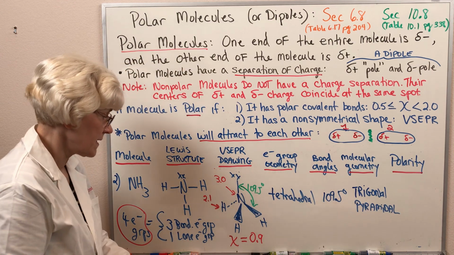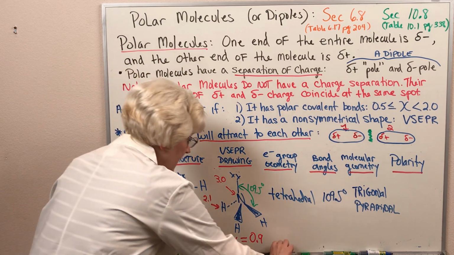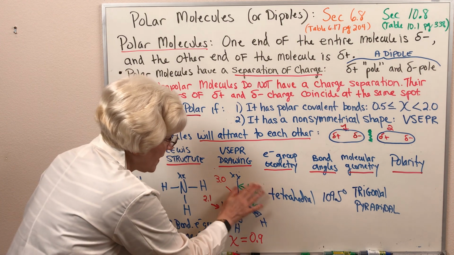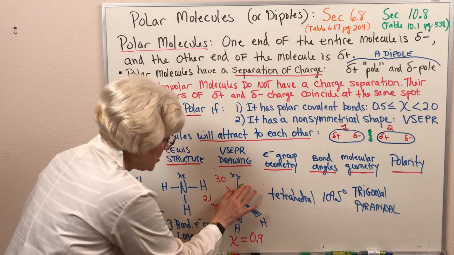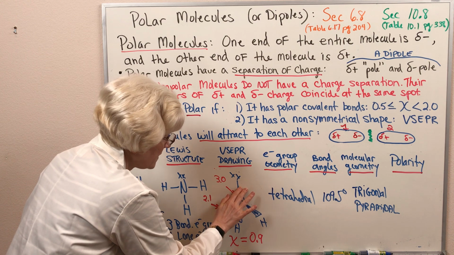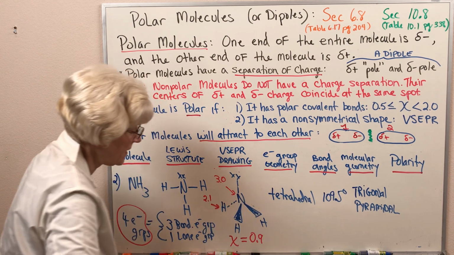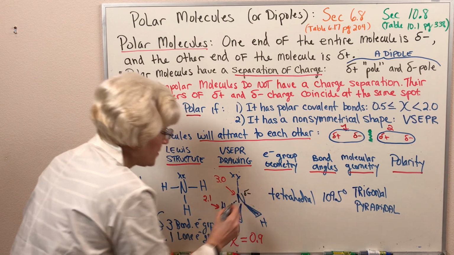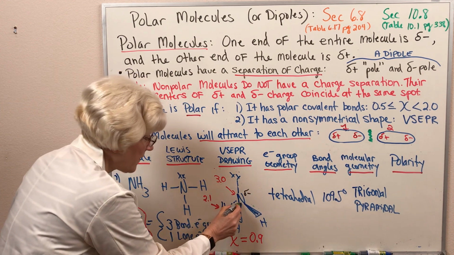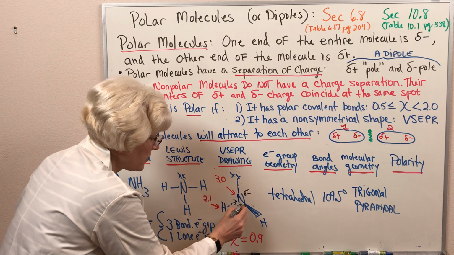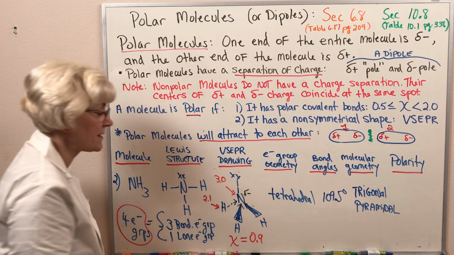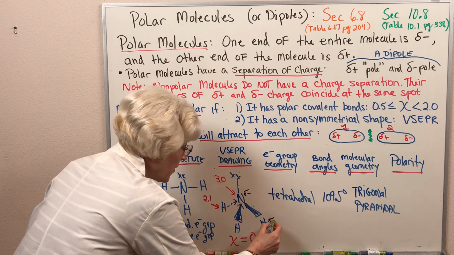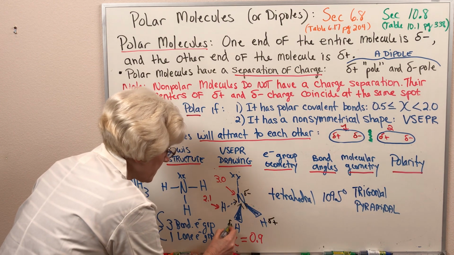What that means is that we can go back and now indicate, and I'm going to remove the bond angle here from the picture just to keep it a little less cluttered, that nitrogen must have a partial negative charge because it's attracting those shared electrons more closely to its own nucleus.